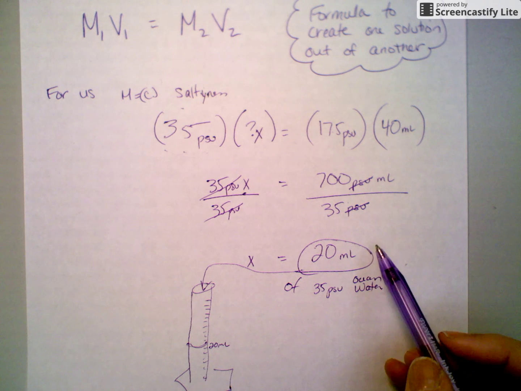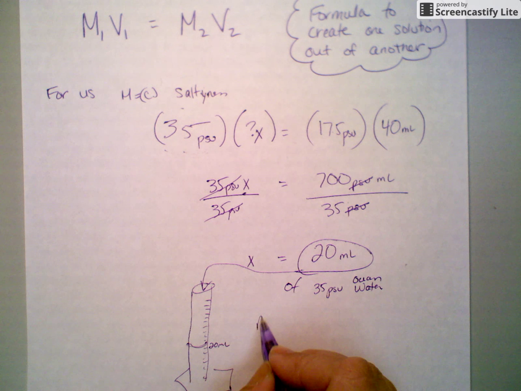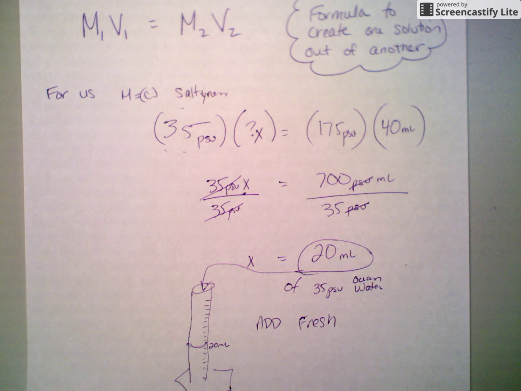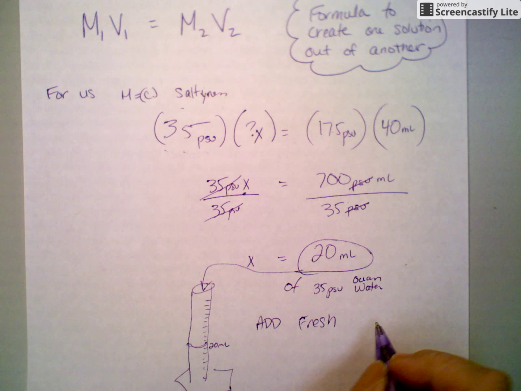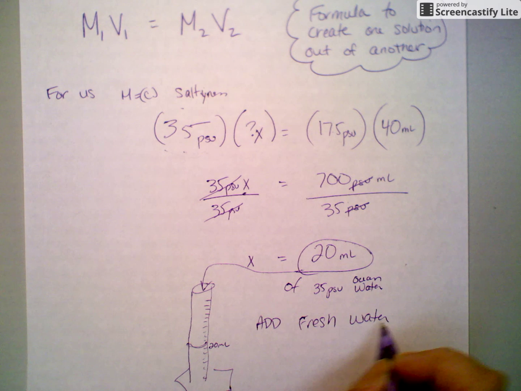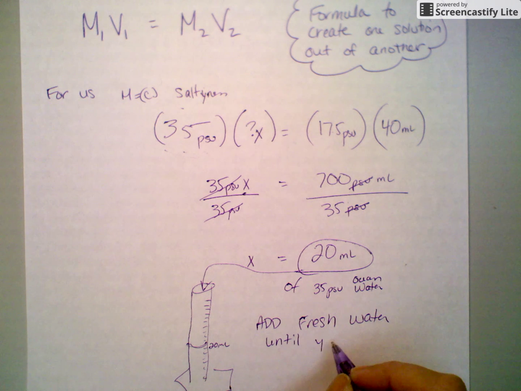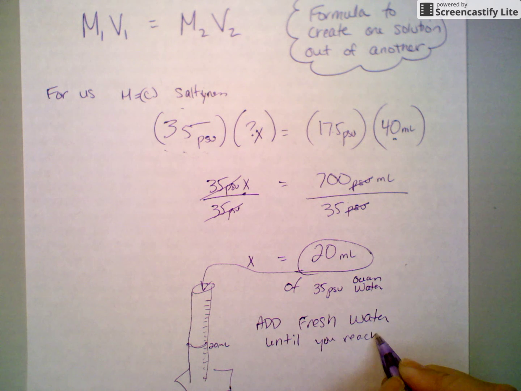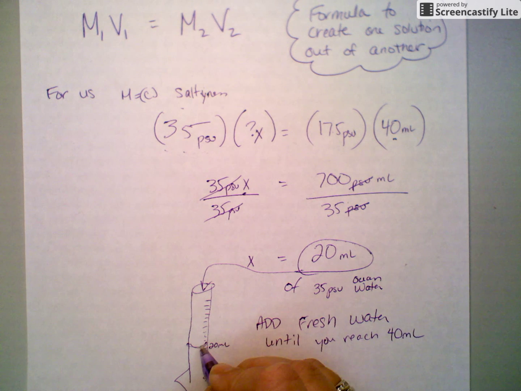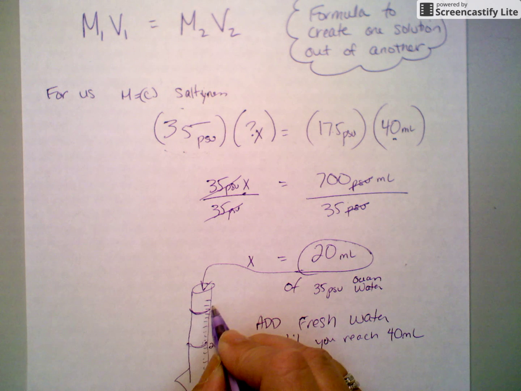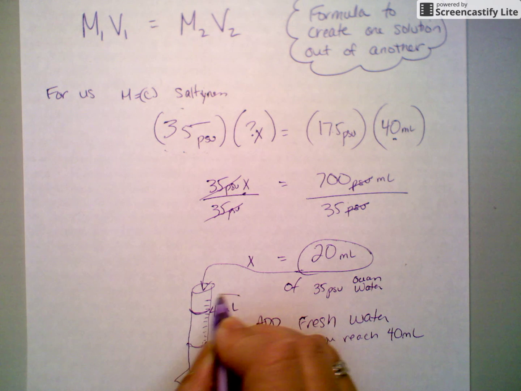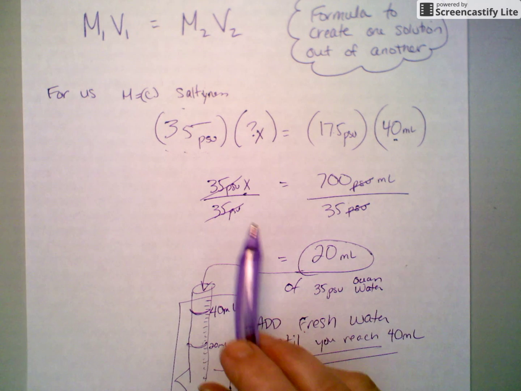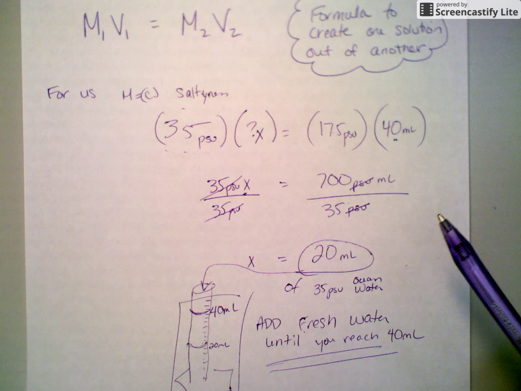And then you would add fresh water, like the mountain runoff. Add fresh, non-salty water until you reach 40 milliliters, which was your original desired amount. So then you have your final product. Now this sounds awfully silly and simple and a lot of math to just say cut it in half and double the water.